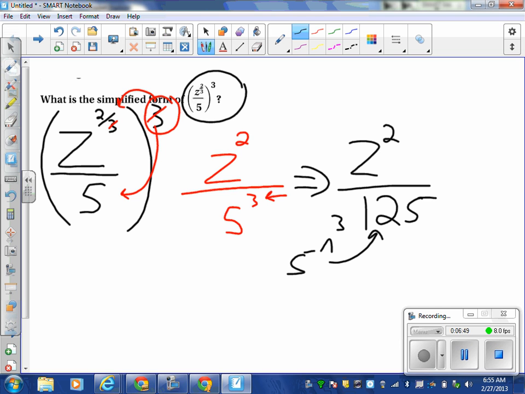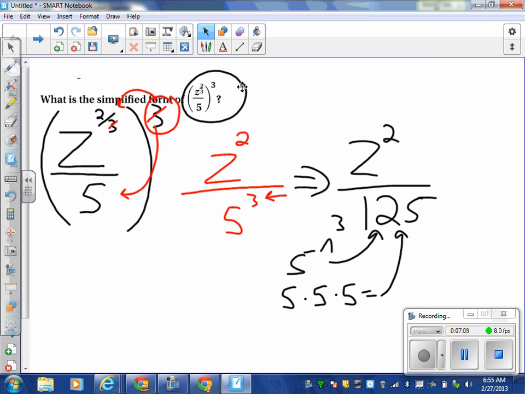That would give me 5 to the third power, which is 125. Again, what is 5 to the third power? 5 times 5 times 5, which also equals 125. A couple different ways of putting it into your calculator to get 5 to the third power.